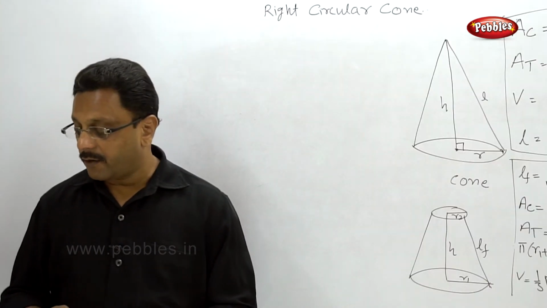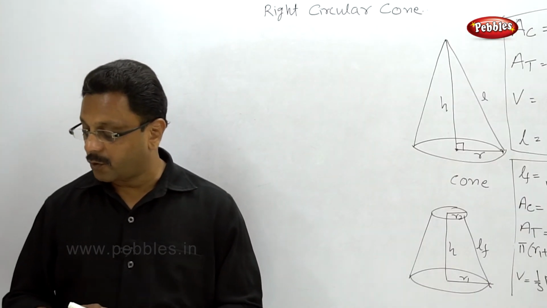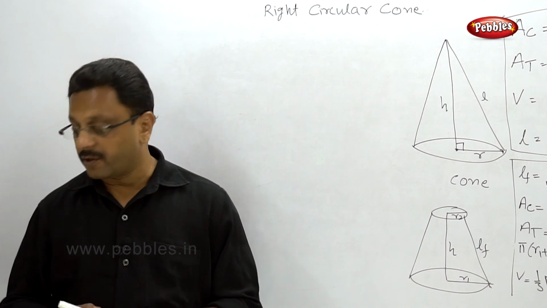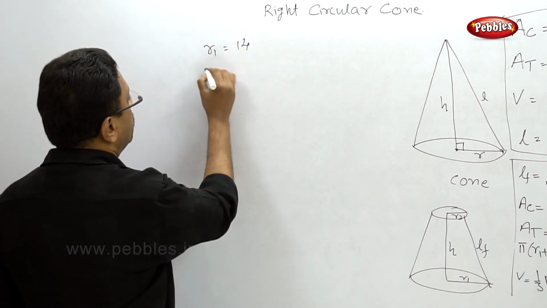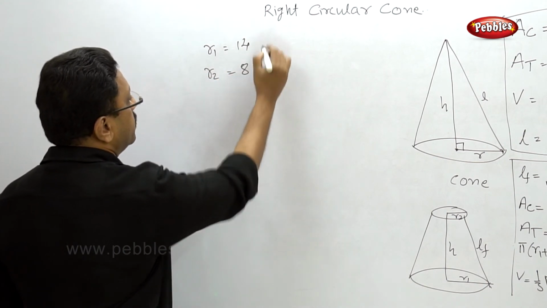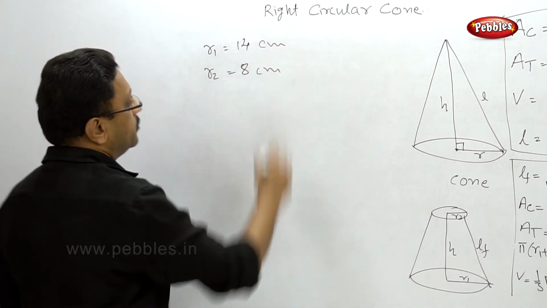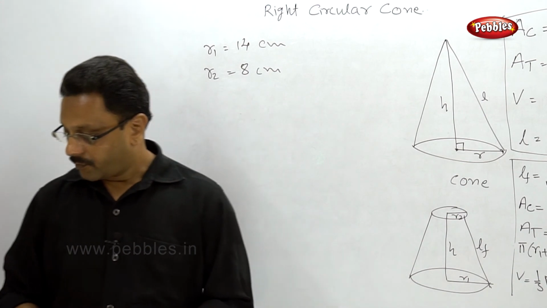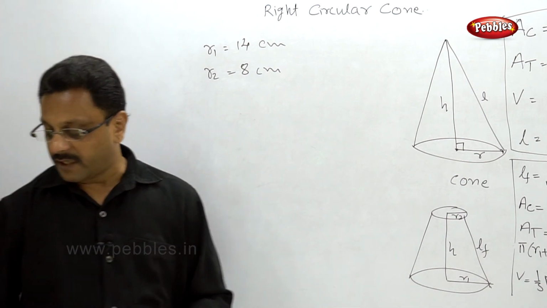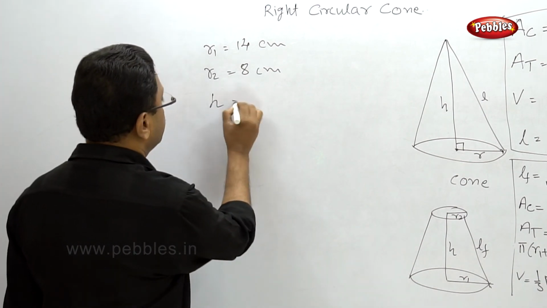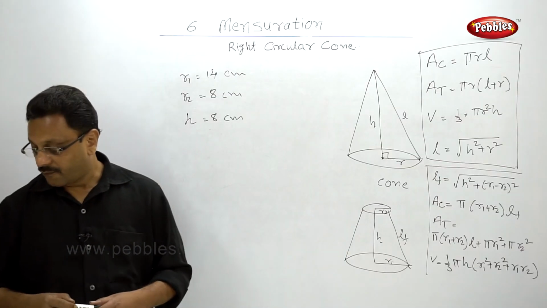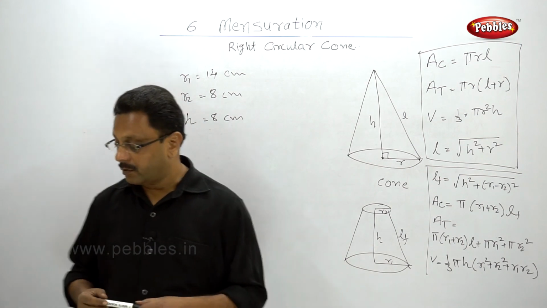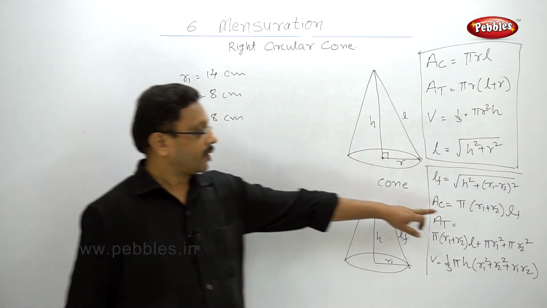The radii of the circular ends of a frustum of a cone are 14 centimeter and 8 centimeter. You are given R1 as 14 and R2 as 8 centimeters. The height of the frustum is 8 centimeter, so H is given. You have to find three things. First, the curved surface area.